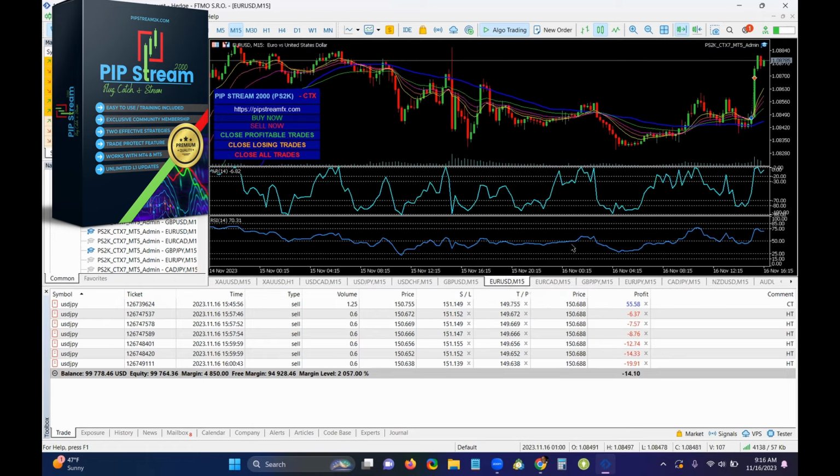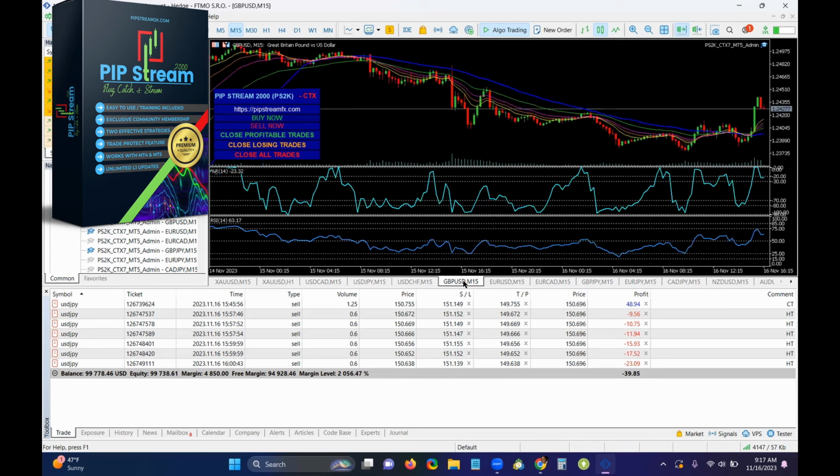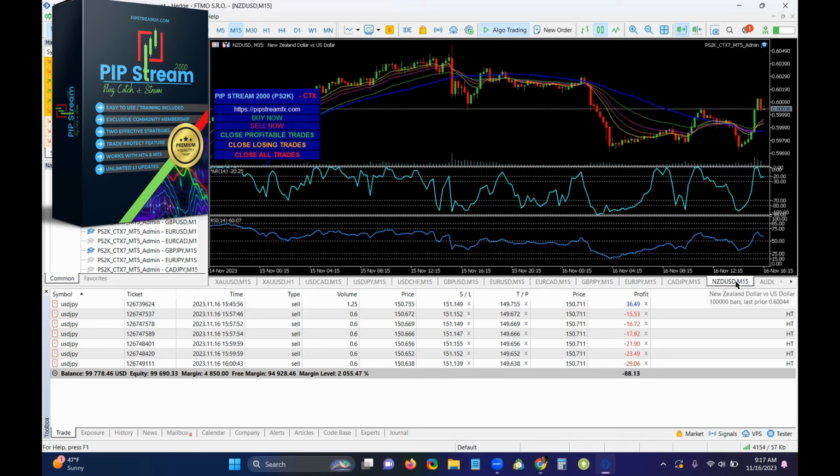And I think EU has exhausted its move. It's at this level right here. It might pop up a little bit, but I don't think it's going to go much beyond that. Similar to GU, NU, probably same thing. But we might get a little bit of a jolt at 9:30 when the stock market opens.